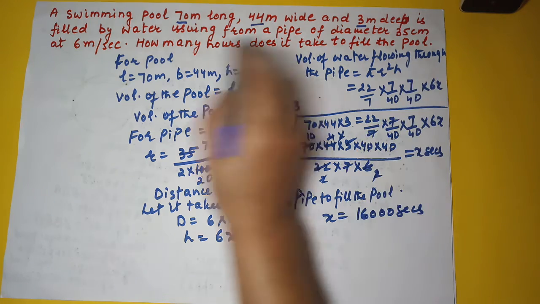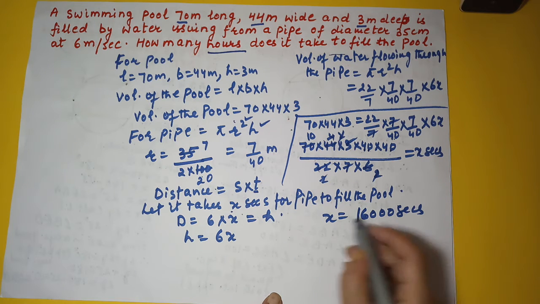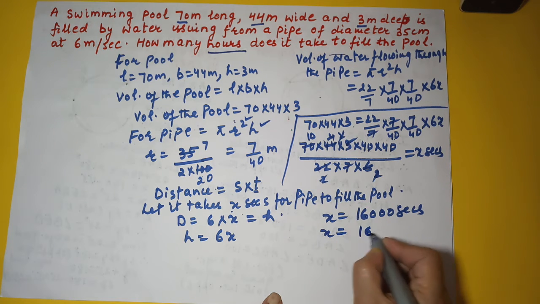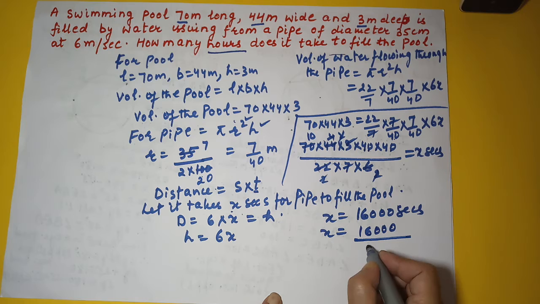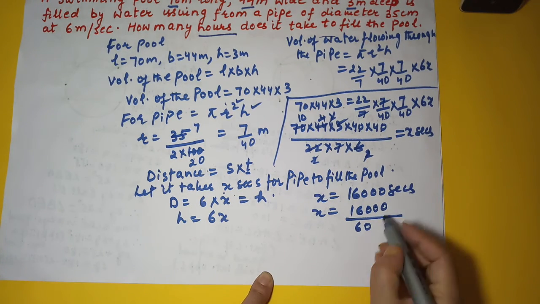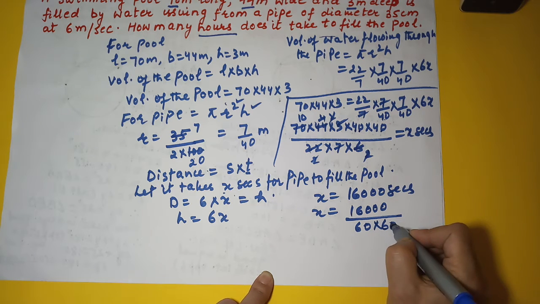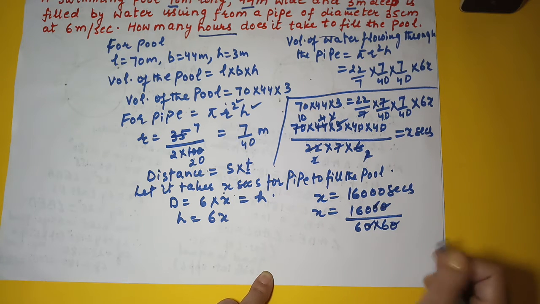Now I need the time in hours. So I will divide it by 60 into 60, so seconds I have converted into minutes by dividing by 60, and then into hours. So this and this will go, this and this will go.